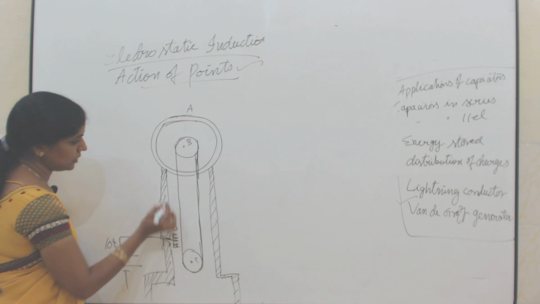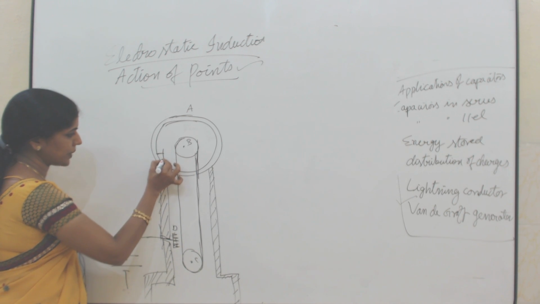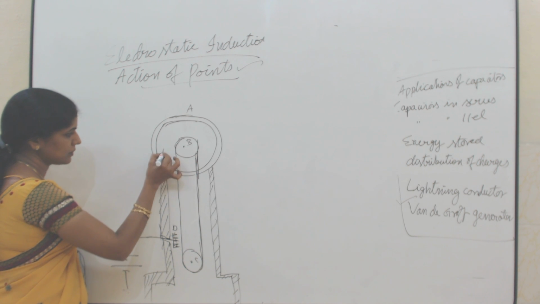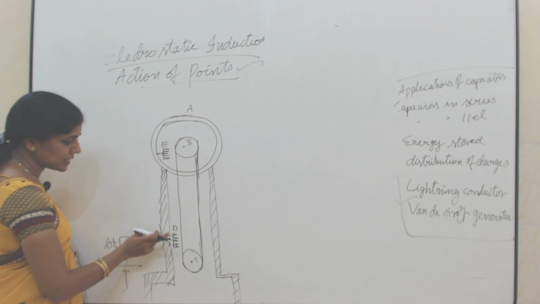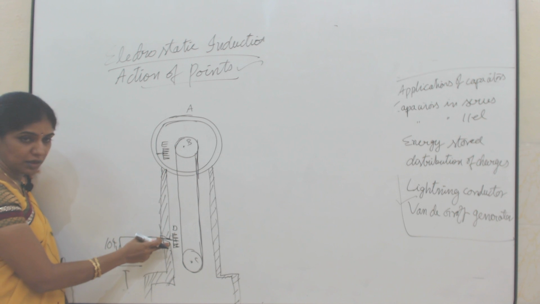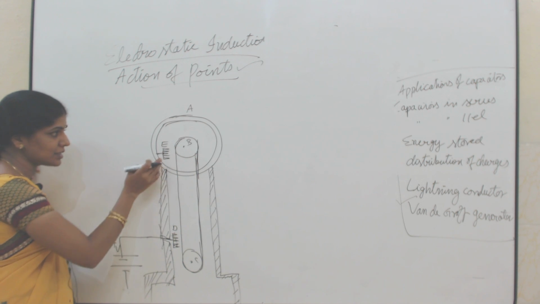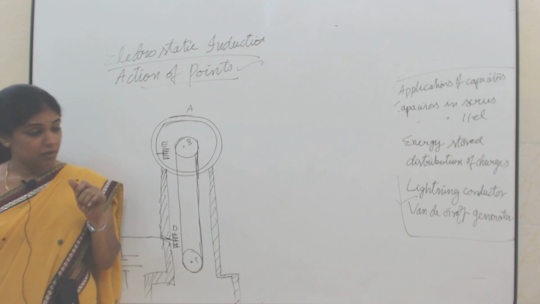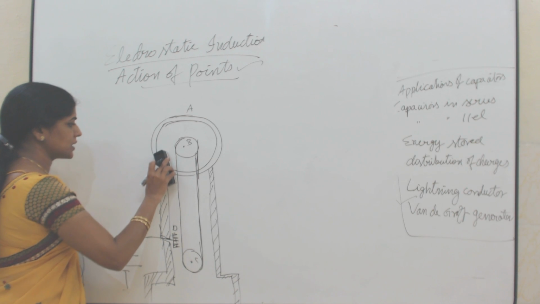This is G, and here I have one more comb shaped conductor. Let this be E. D and E are the two comb shaped conductors. These two conductors are near to the pulleys B and C.